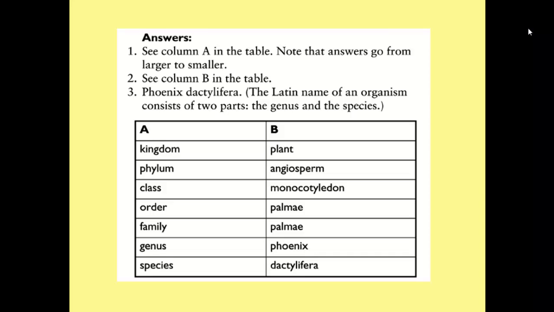Here we can see column number A in the table. And as you all note, answers go from larger to smaller, so the largest is kingdom and the smallest is the species.